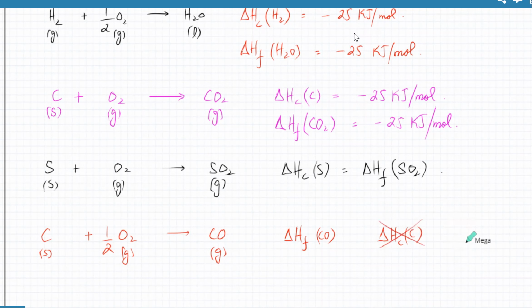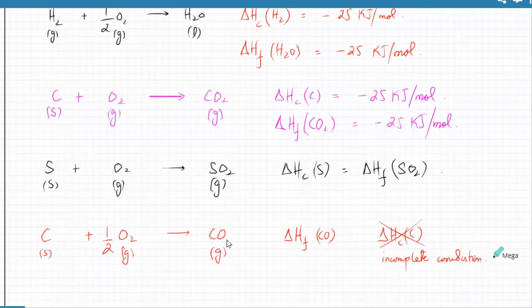So carbon burning in oxygen would always produce carbon dioxide. Carbon monoxide is produced when there is incomplete combustion. By definition, enthalpy of combustion has to be in excess oxygen, so it has to be complete combustion. So the reason I can't call it combustion is because there's incomplete combustion going on. So we can't give that label to this.